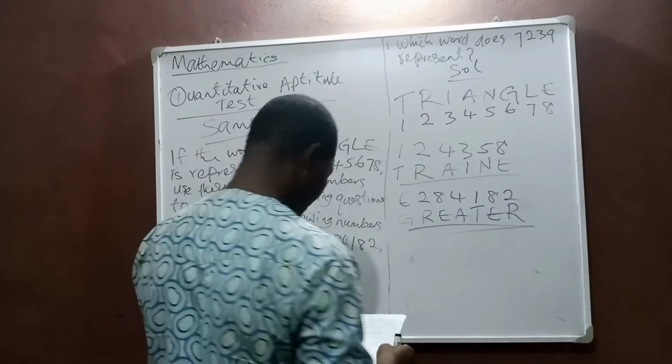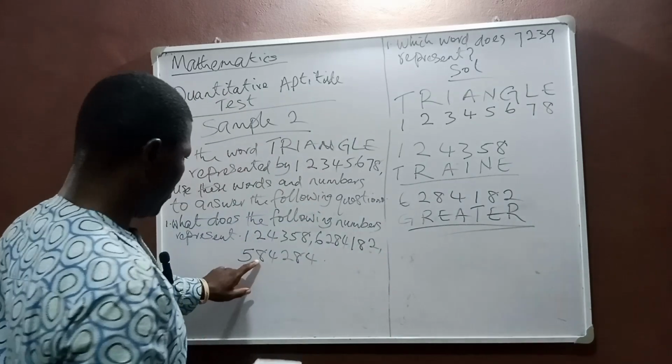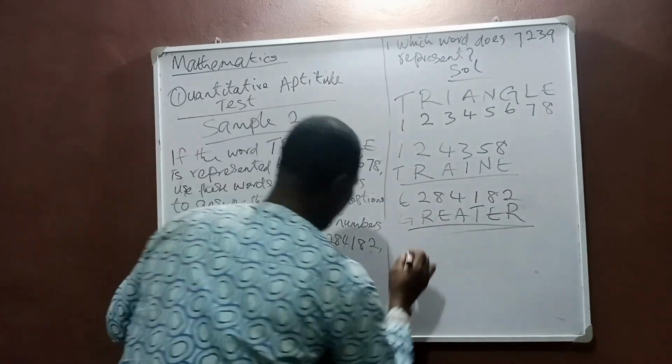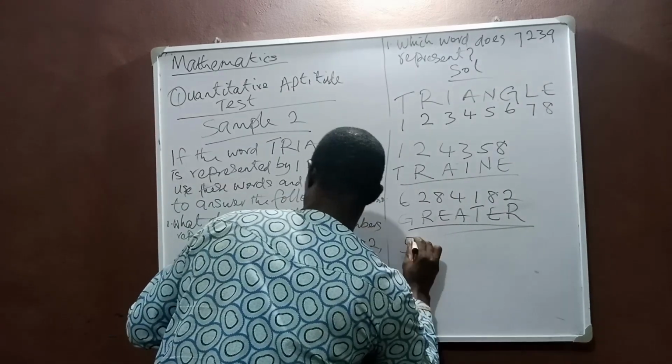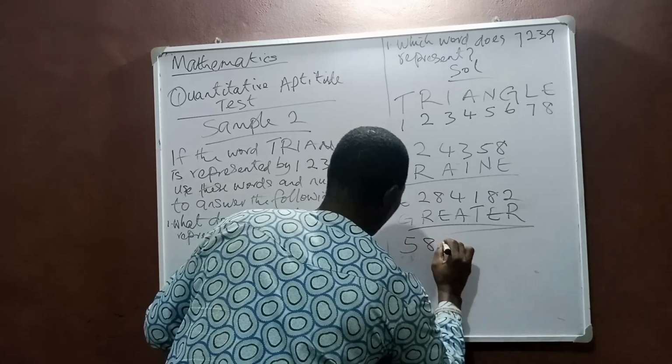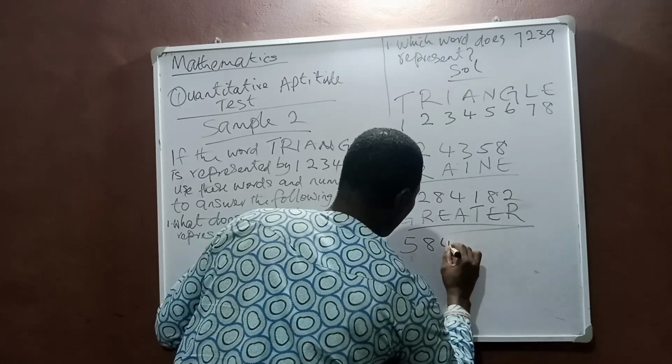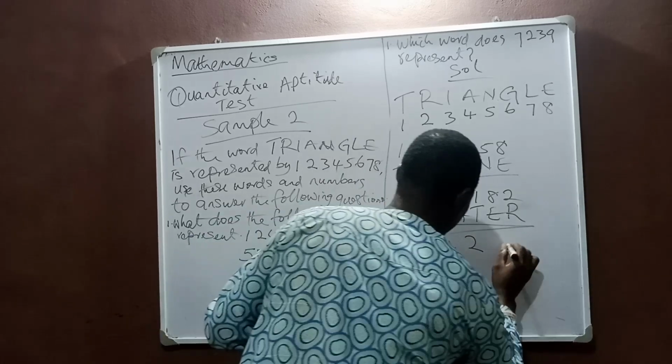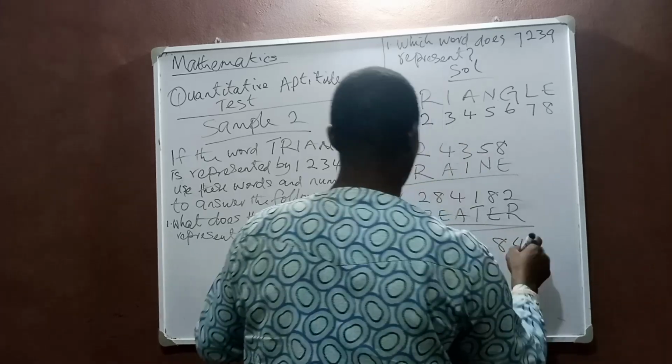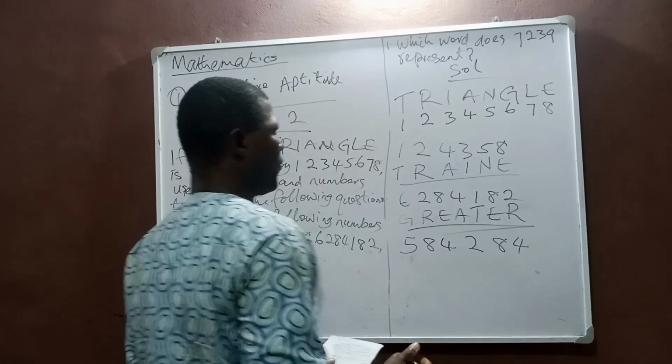Then the third one, the last number they gave us, look at it here. We have 5, 8, 4, 2, 8, and 4. What does this set of numbers stand for?